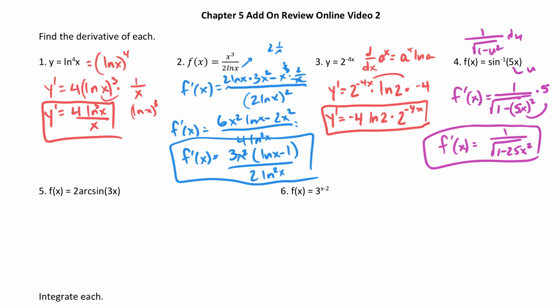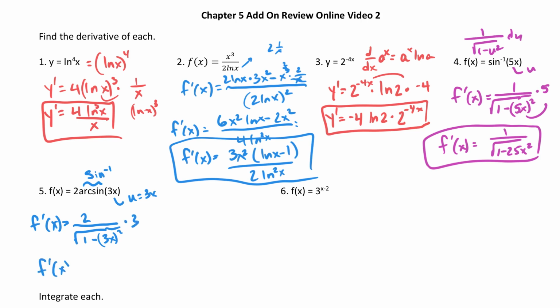And this is the same thing, we just write arc sine, which is the same as doing it this way, so it's the same exact formula. So our u, in this case, will be the 3x, and we have the 2 out in front. So our derivative here, f prime of x, will just be 2 over root 1 minus 3x quantity squared, times the 3 because we're chain ruling it.